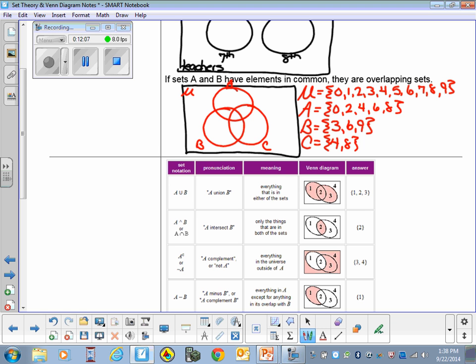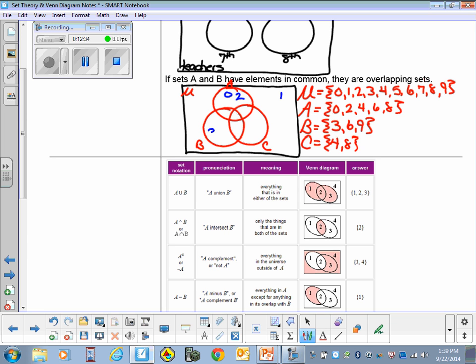0, does it belong to any other set? A only. So 0 will go up here in A only. 1, does it belong to any other set? Just the universe. 1 is floating out here in the universe. 2, does that belong to any other set? A only. 3, does that belong to any other set?